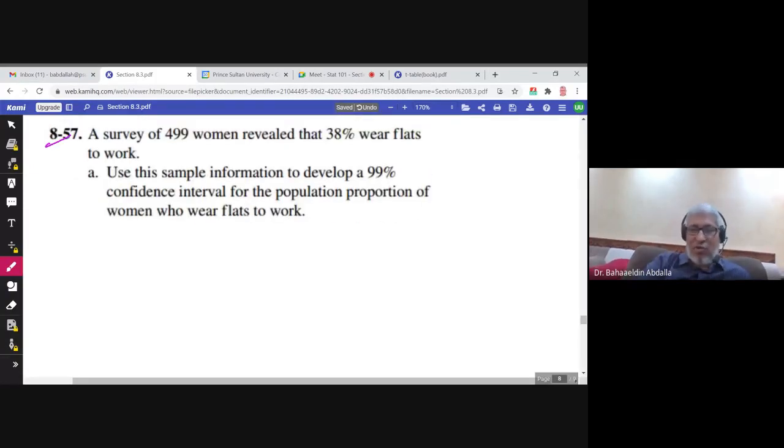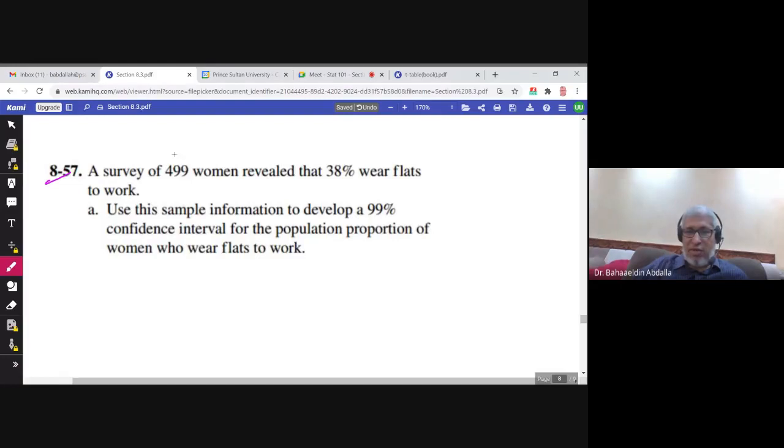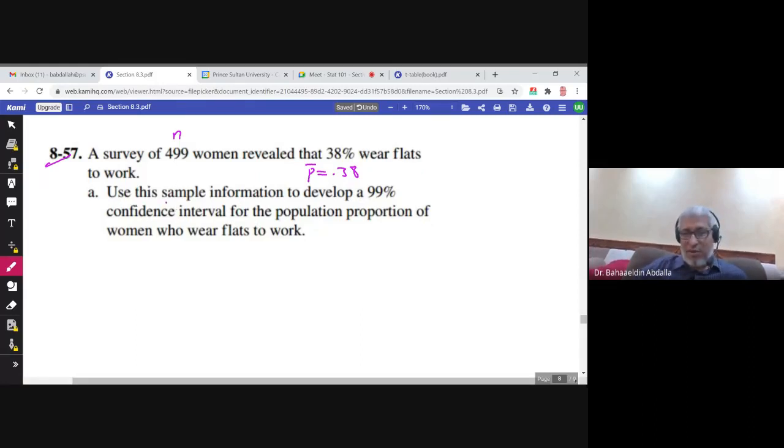A survey of 499 women, this is N, revealed that 38% wear flats to work. So this could be P bar, 0.38, because it's from a survey of 499. Use this sample information to develop a 99% confidence interval.